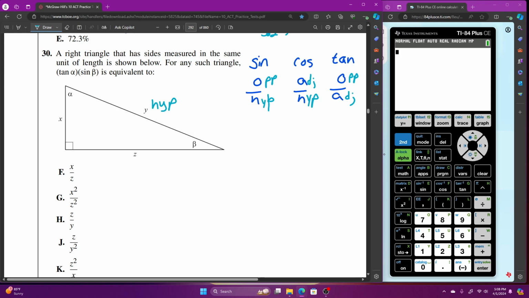And now the tangent of A is our opposite over adjacent. So opposite A, you have Z, and the adjacent side is X, not the hypotenuse.